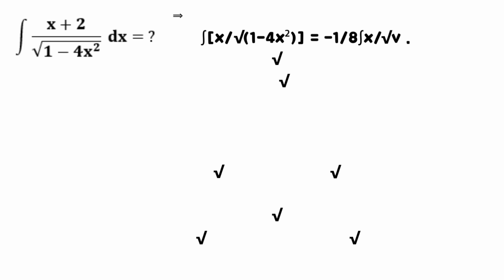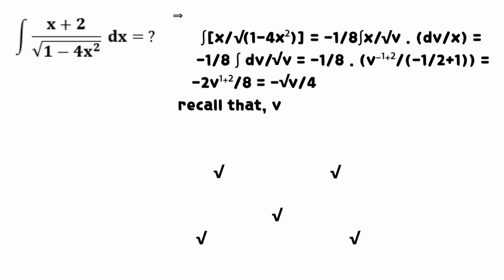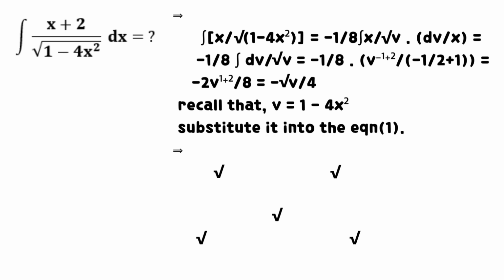This implies the integral of x dx divided by the square root of 1 minus 4x² equals negative 1/8 multiplied by the integral of x divided by the square root of v times dv divided by x, which equals negative 1/4 of the square root of v, as shown on the screen.